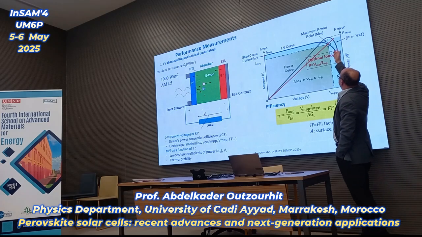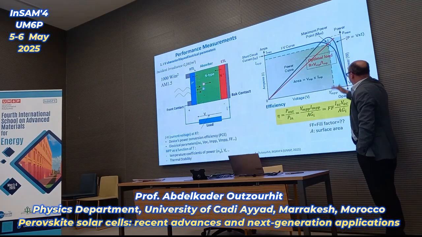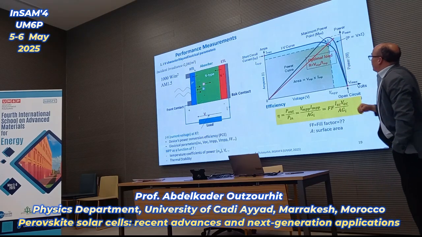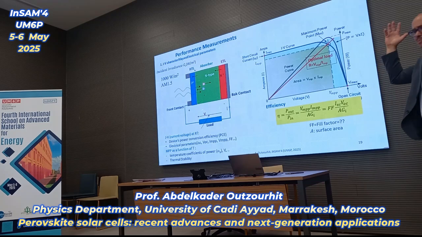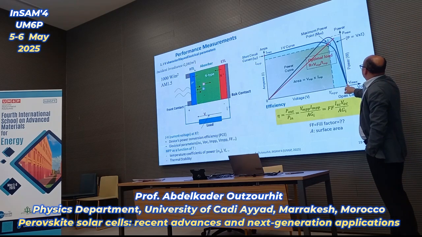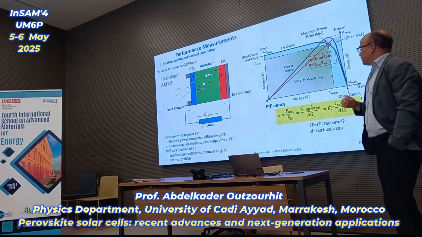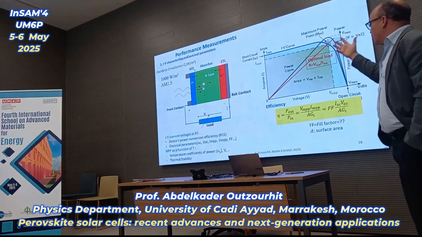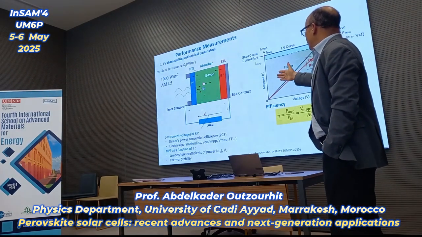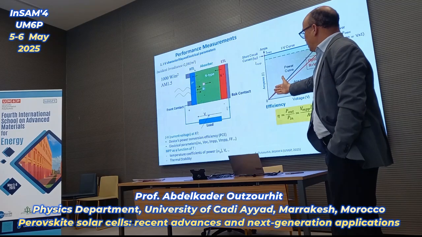The fill factor is just the ratio of the area of this rectangle, Im times Vm, divided by the area of this bigger rectangle, which is the maximum power that you can extract from the cell. That maximum is just the Voc times the short circuit current. And therefore you can get what we call the power conversion efficiency, and other electrical parameters.